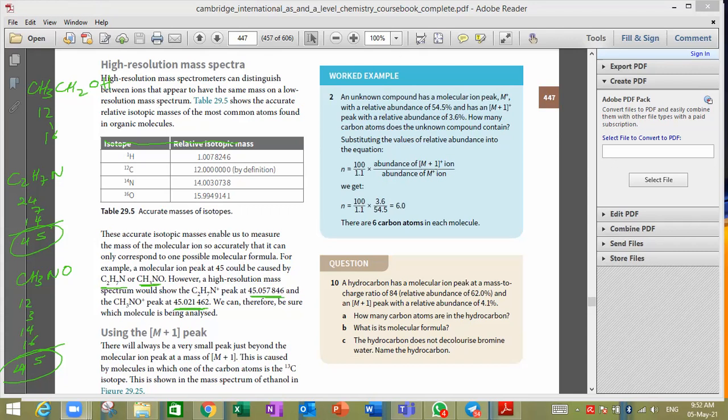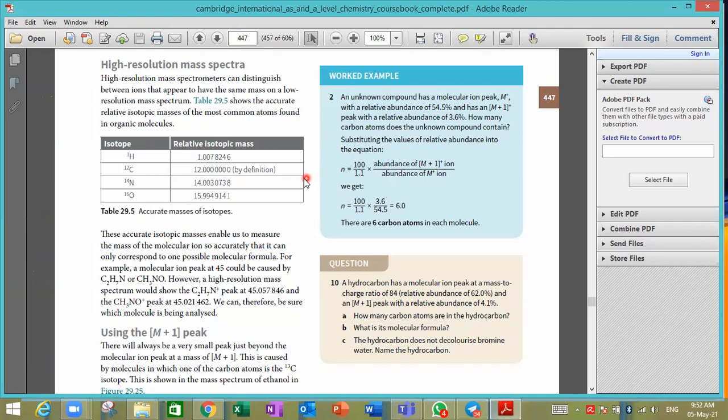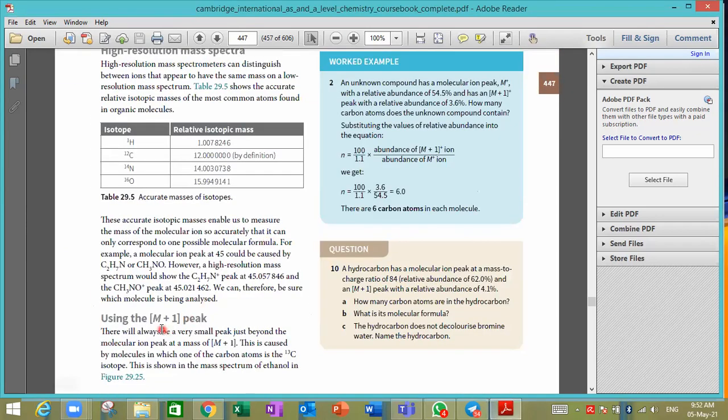Right. There is something else that we also have to benefit from, which is what we call the M+1 peak. Now, what is the M+1 peak?